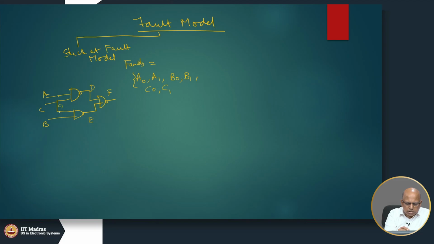Then we can look at these branches, these are fan out branches. So, C1 0, C1 1, C2 0, C2 1, D0, D1, E0, E1, F0, F1. So, this is what is meant by the fault model.